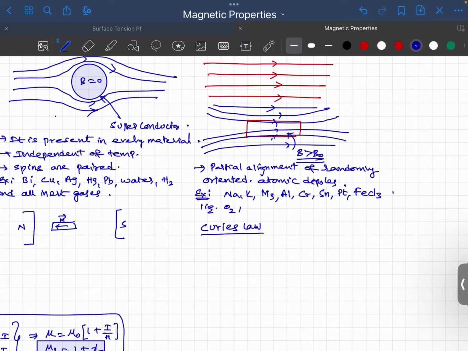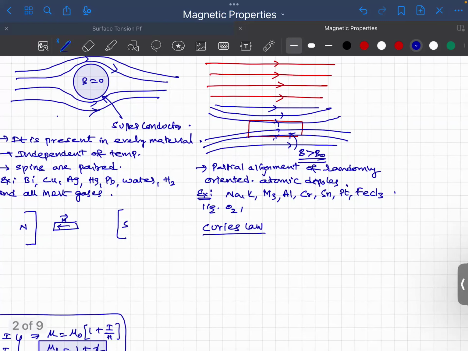According to this law, what you can notice is that the susceptibility of the material is inversely proportional to temperature.